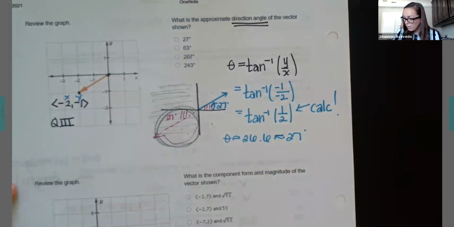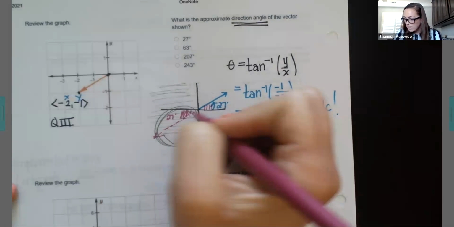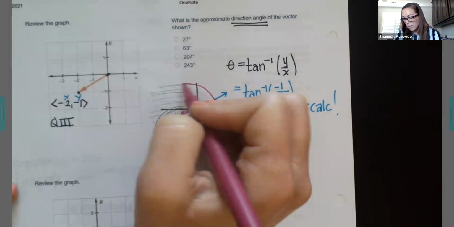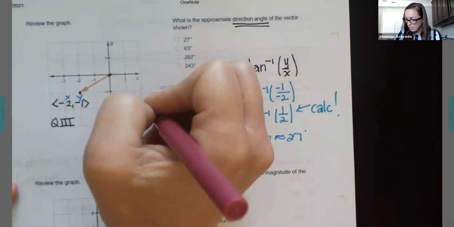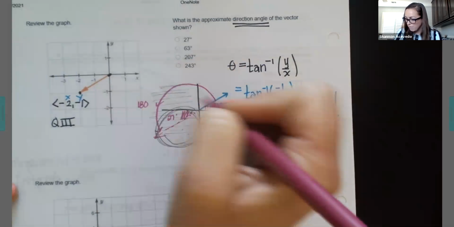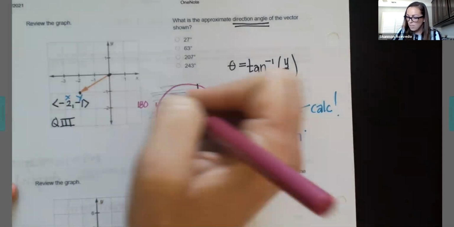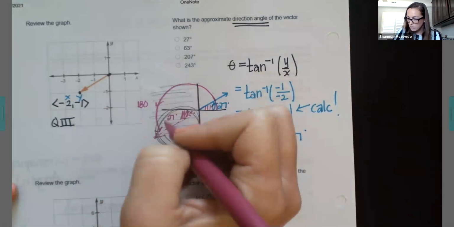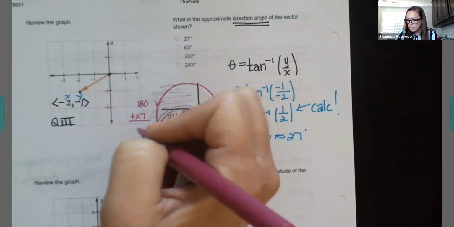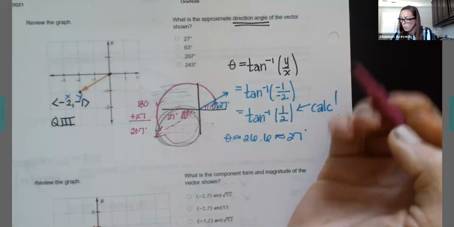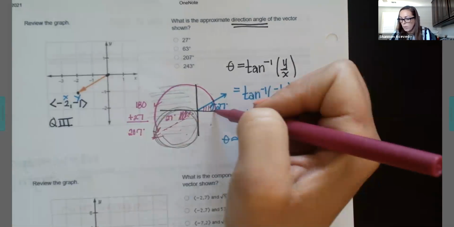So what I need to figure out then is what is this angle right here? And I know from here to here is going to be 180. This is my 180 from here to here. And then this is going to be plus my extra 27. And so when I add them together, I get 207 degrees. So again, we're looking from here all the way to here.